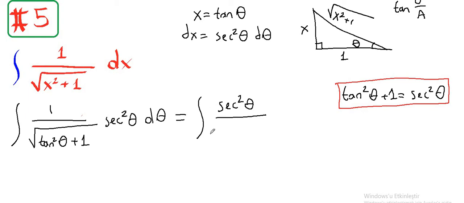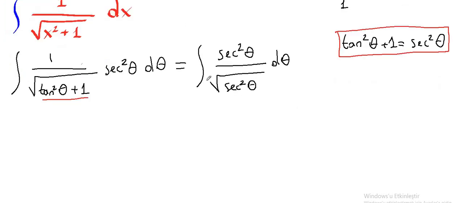So here we'll have the square root of secant squared theta instead of this expression here, and d theta. Now the square root of secant squared theta is just secant theta. And secant squared theta divided by secant theta is just secant theta.